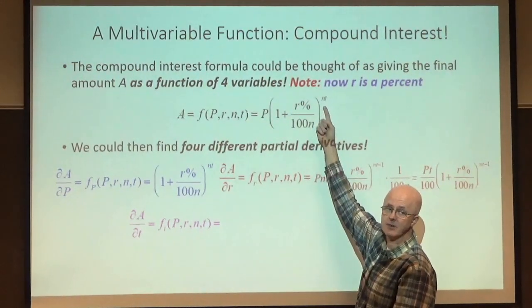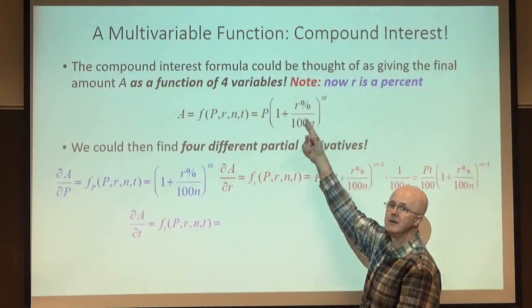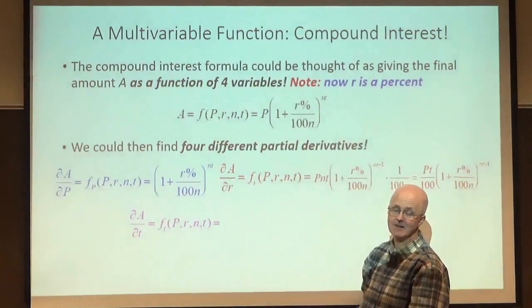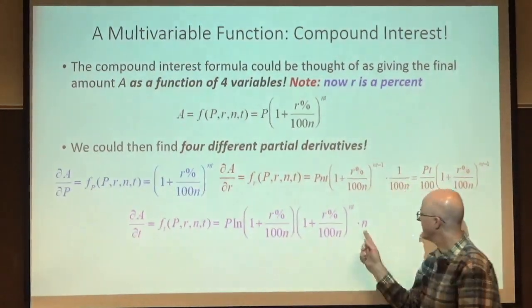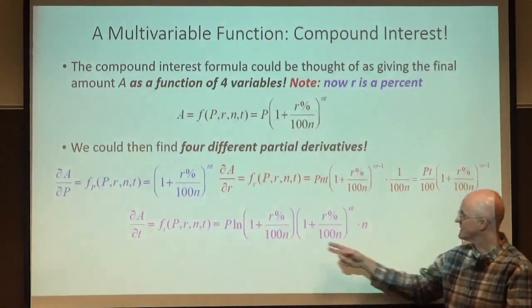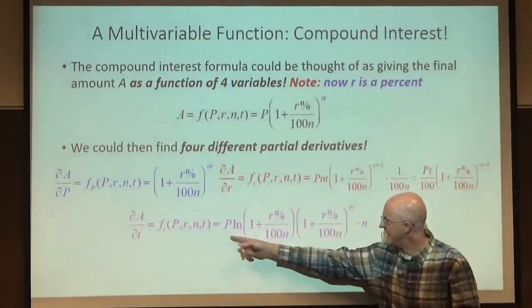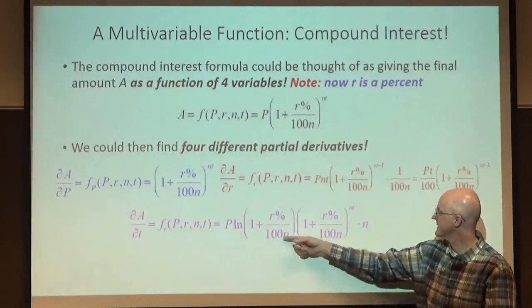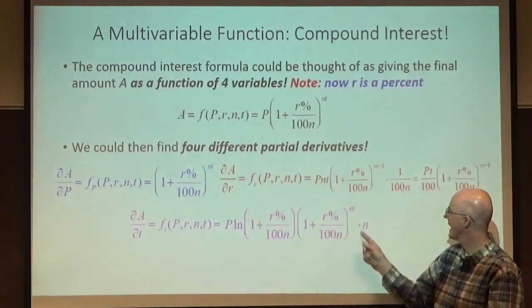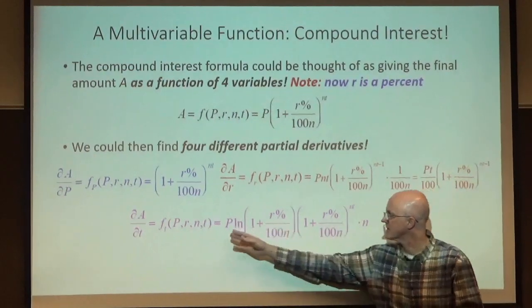That's the inside function right there, n times t. We'll get an extra factor of n right there after differentiation. Notice I have the log of the base. This is p times the natural log of this thing times this thing times n. It's all multiplications here.